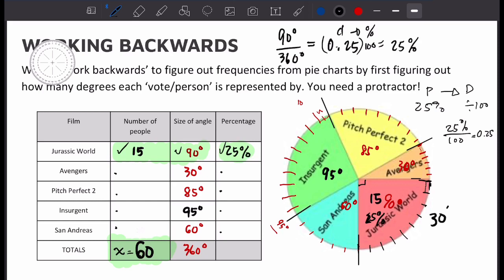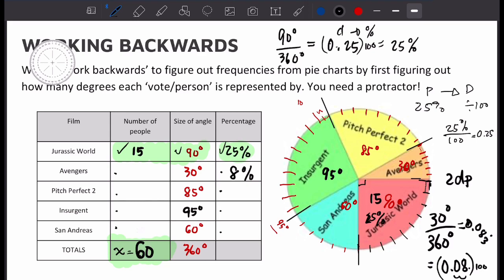So 30 degrees divided by 360 degrees is equal to 0.083 repeating. Round to 2 dp. 2 dp only. So this is equal to 0.08. And how do we make 0.08 into a percentage? Multiply by 100. So the decimal point moves 2 to the right and we get 8%.